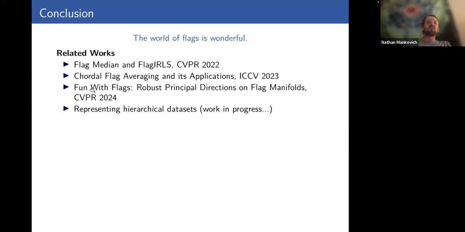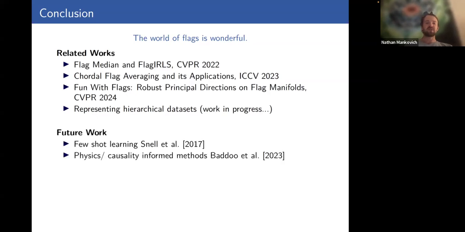And the last section, with robust principal directions on flag manifolds, was Fun with Flags. We also mentioned representing hierarchical data sets with flags, and that's a bit of a work in progress, but I'd love to hear if there are any cool ideas for representing feature hierarchies with flags and how we can use those.